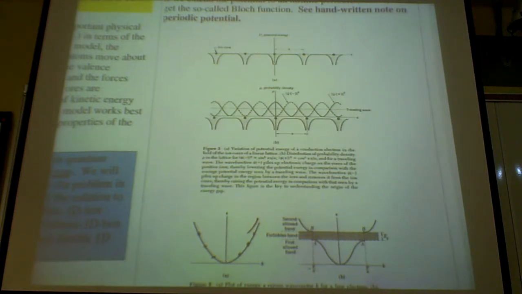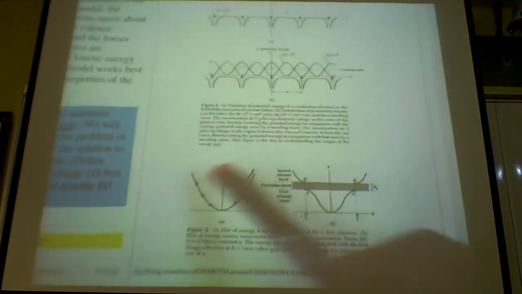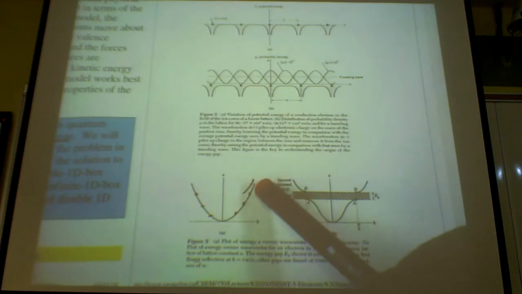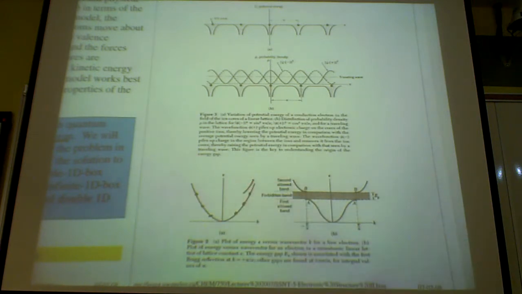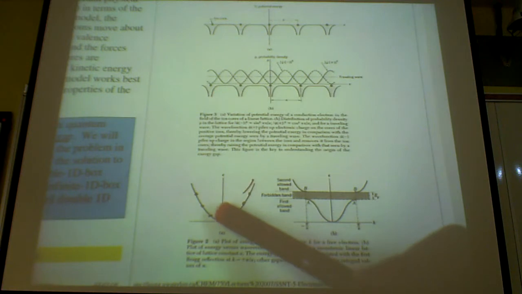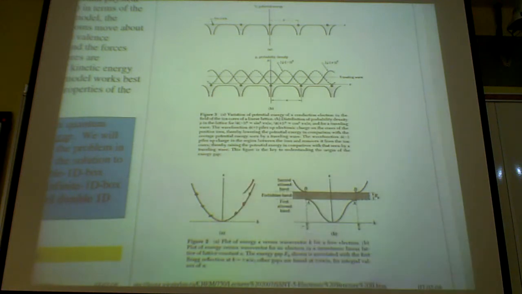And because of this splitting, here I plot functions. What am I plotting? I'm plotting the k vector, my k vector, and energy on this side. So in the case of free electrons, what is the energy dependent on?